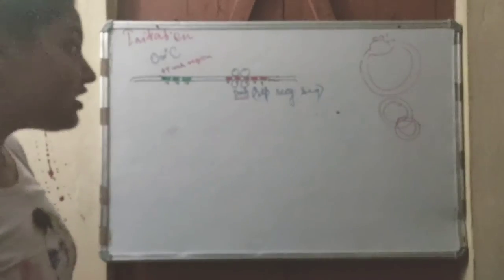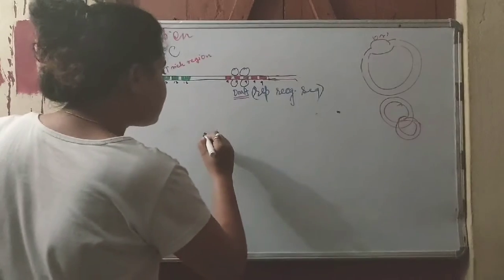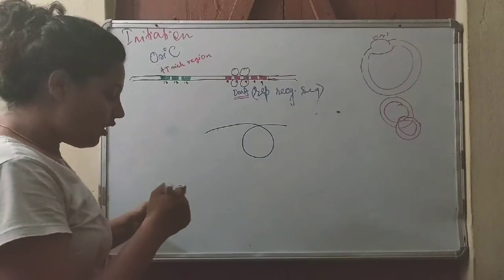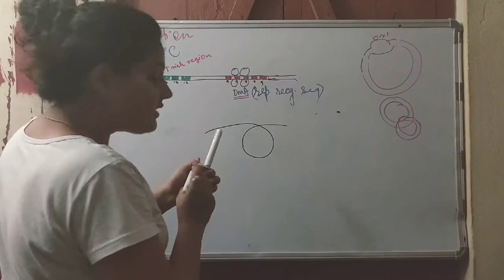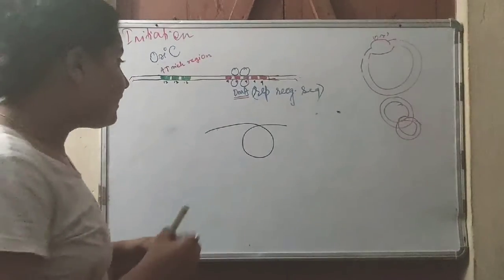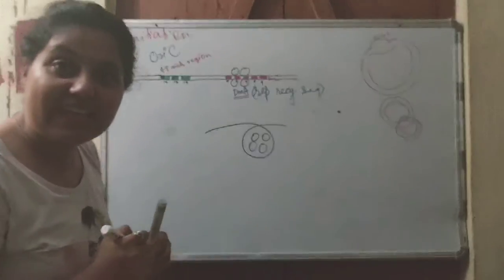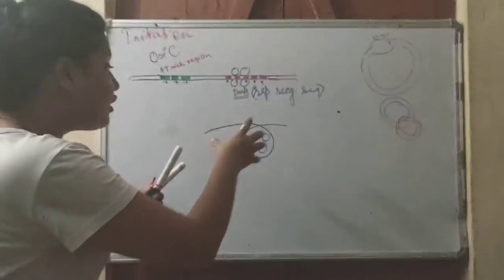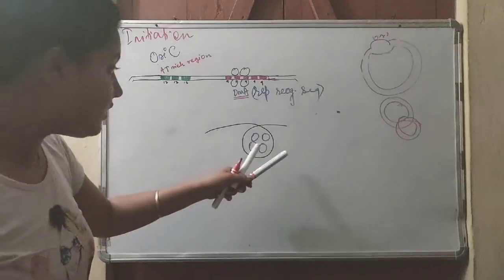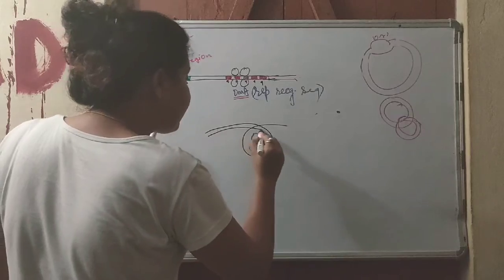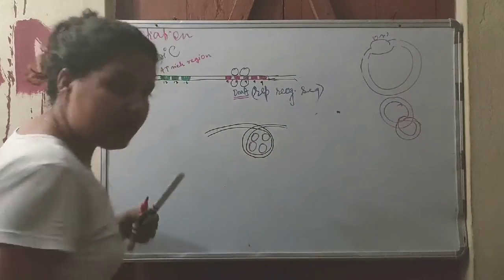When it sits in the replication recognition sequence, it will form somewhat this kind of a structure. Due to the binding of DnaA, there will be pressure on the DNA, and the DNA will form a negative supercoiling.